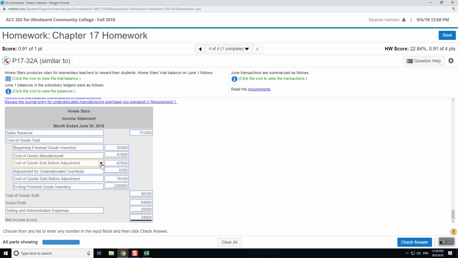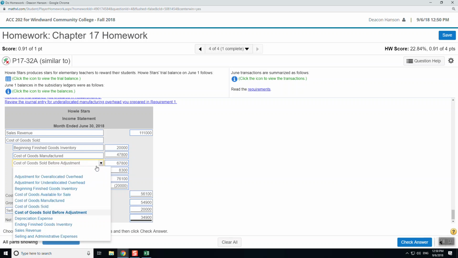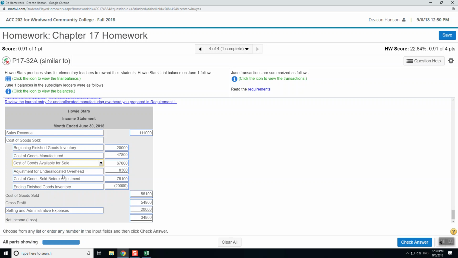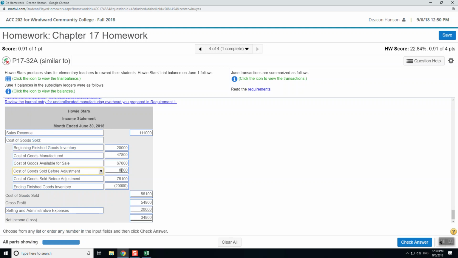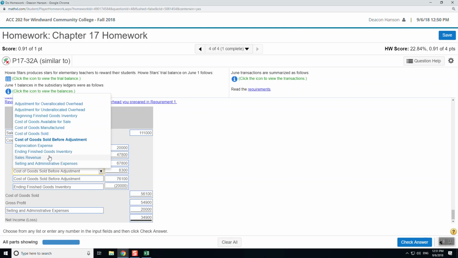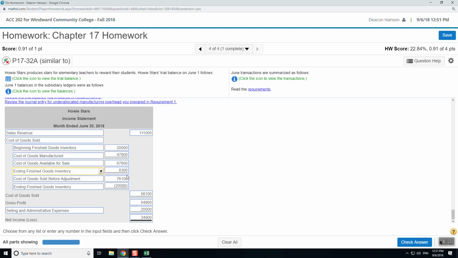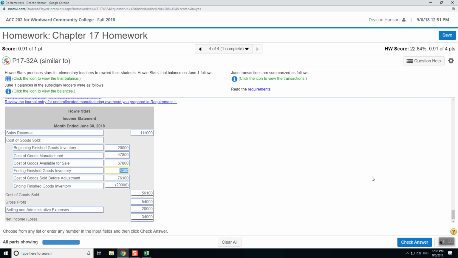So if I make this cost of goods available for sale, here we'll do this. We'll make this the difference, cost of goods sold before adjustment. We're going to make this the ending finished goods inventory, okay? So we'll put our ending finished goods inventory in here.